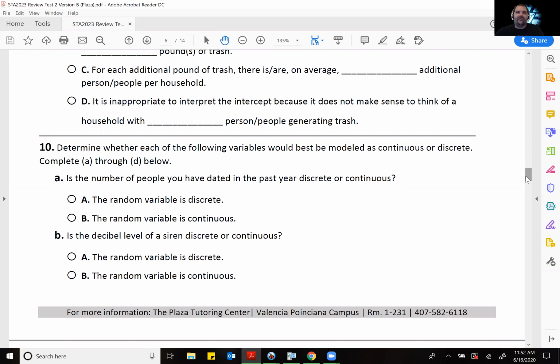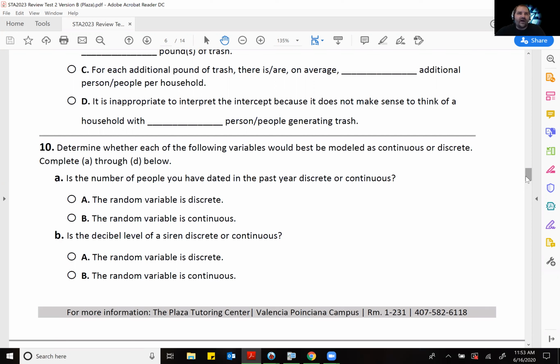So think like I can have multiple decimals. Discrete is kind of like we can count them, like hard, fast numbers, like 1, 2, 3, 4, things like that. So I'd say discrete then. For part A? Yeah. So the number of people you have dated in the past year. Absolutely. You can't say I dated 3.5 people.